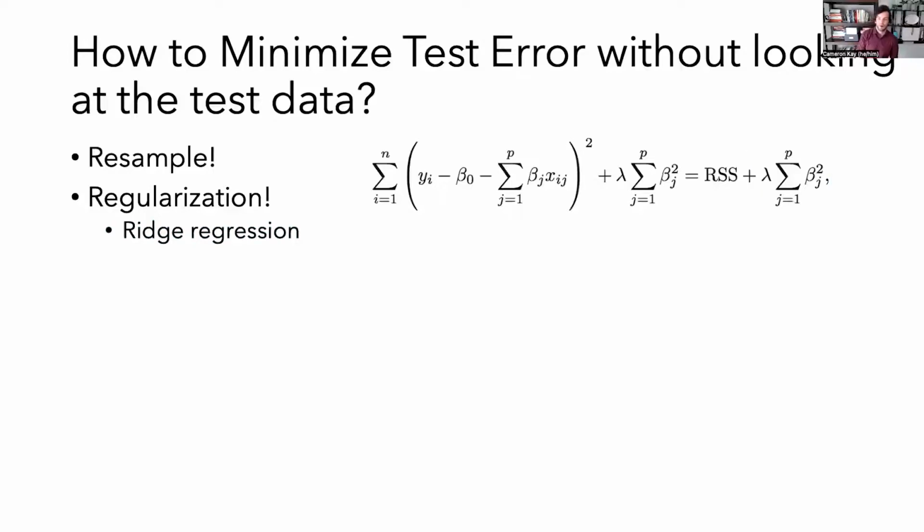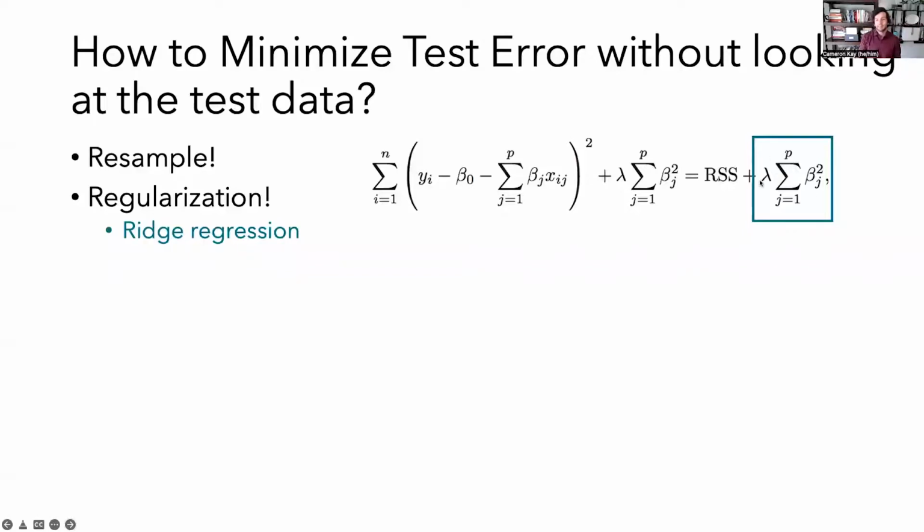And over on this side, we see that we are calculating our residual sums of squares, and we are adding this ridge regression penalty. The idea here is we're taking the sums of the squares of the coefficients and adding that to the residual sum of squares. We're also multiplying it by this lambda, which I'll discuss in a bit.